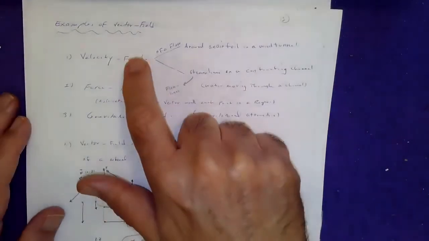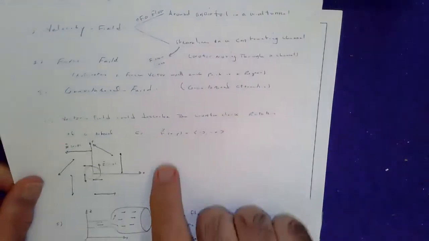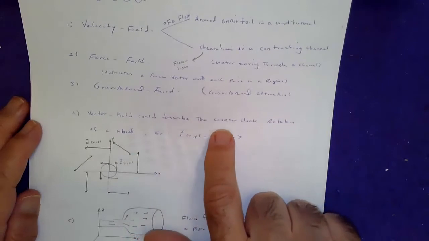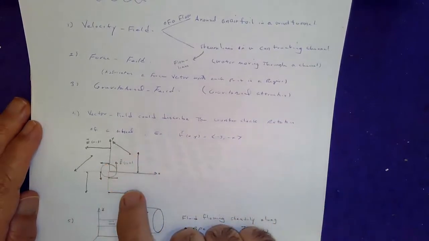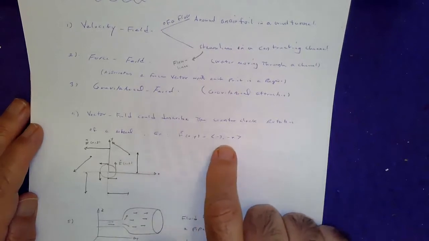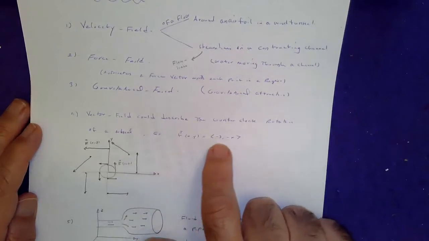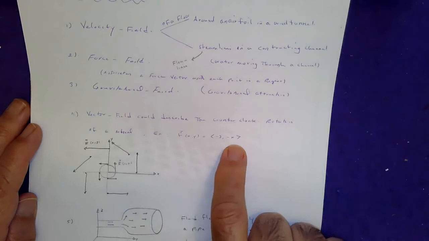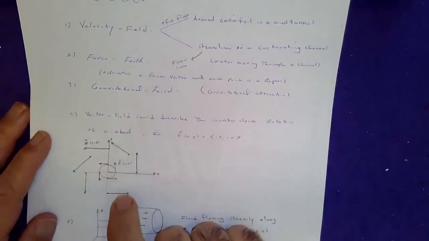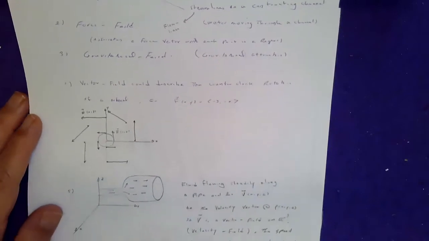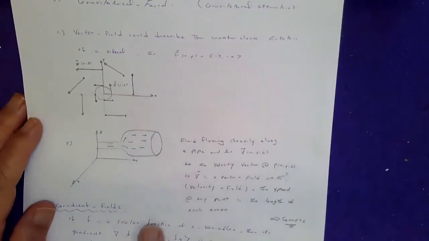So that would be an example of a vector field. A vector field could also describe counterclockwise rotation, like so. And the equation of that vector field is negative yi minus xj. Notice the arrows might show up in a rotational manner.